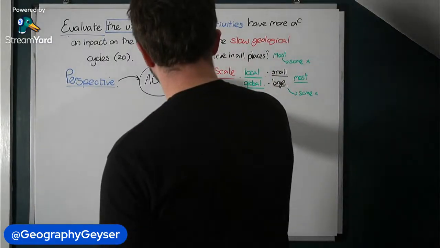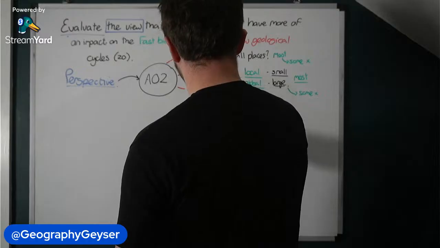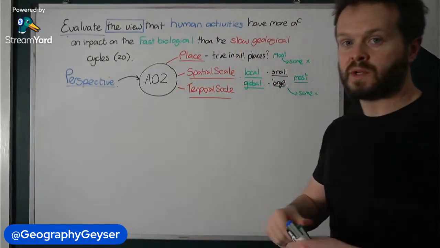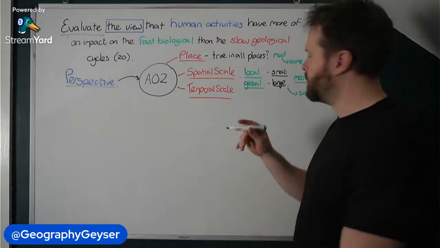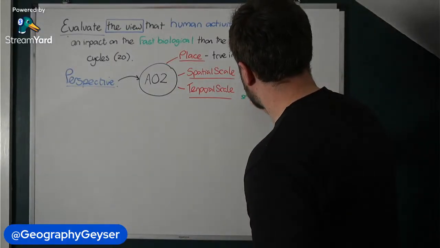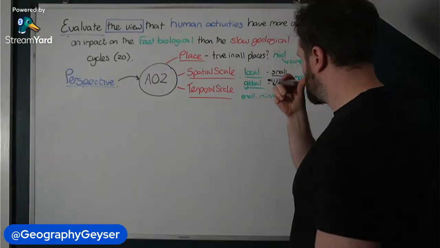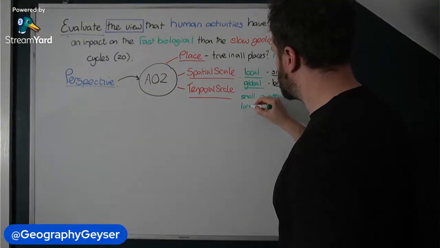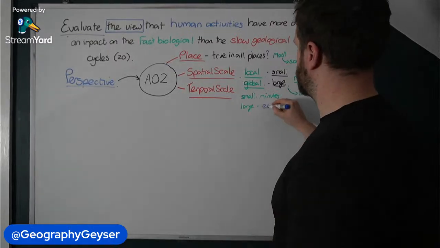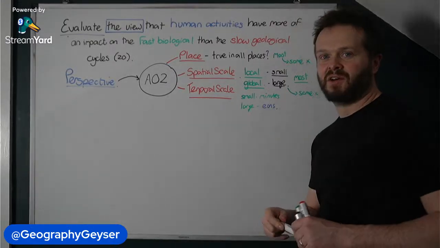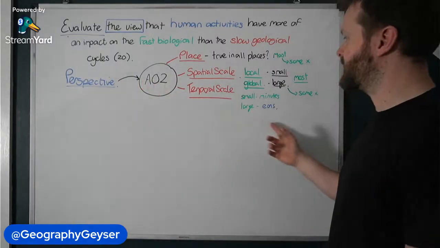Next is going to be temporal scale. So temporal scale, once again, we can go from small temporal scales like minutes right up to large temporal scales where we're talking eons, or across the Holocene, across the Pleistocene, that kind of thing.